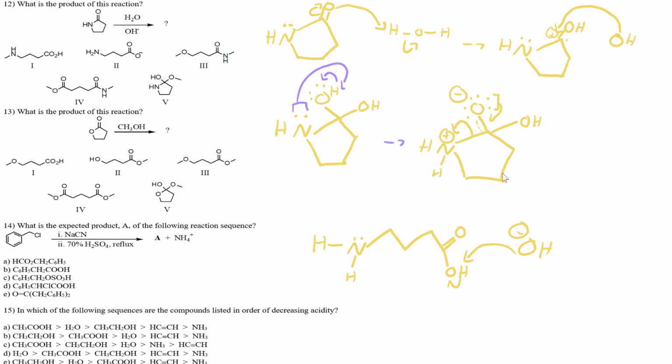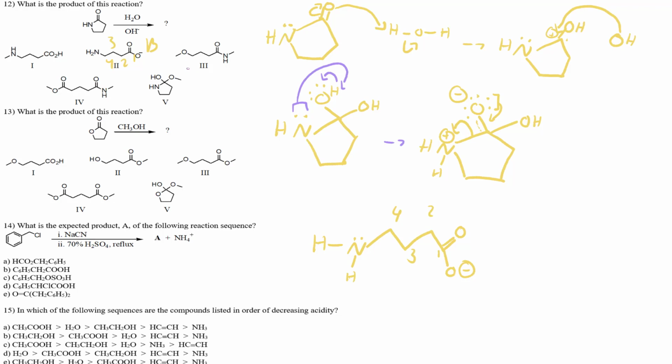And whenever that happens, essentially you just made an alkoxide. Okay, so there you go. That's your reaction right there. So the answer choice would be B. So it's 1, 2, 3, and 4. So it would be B. Yep.